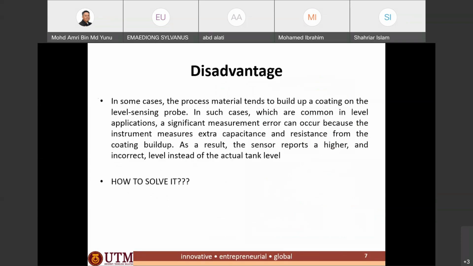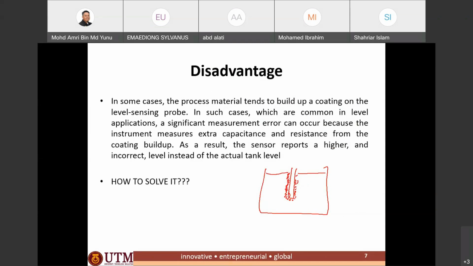In some cases, when we use the electrode, there will be some buildup or deposition of material over time.